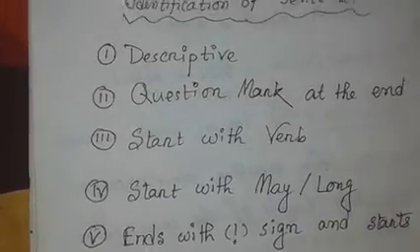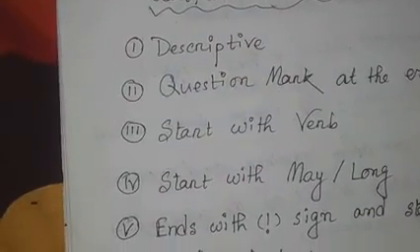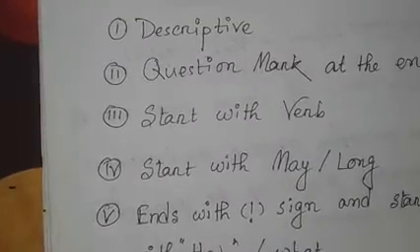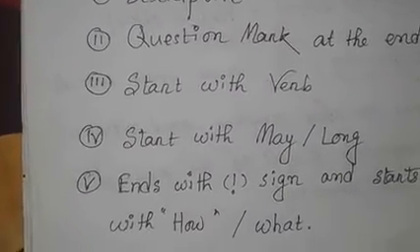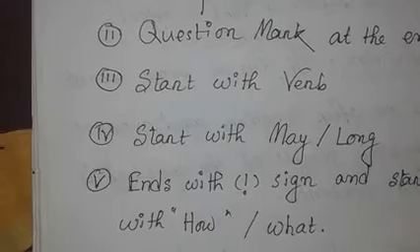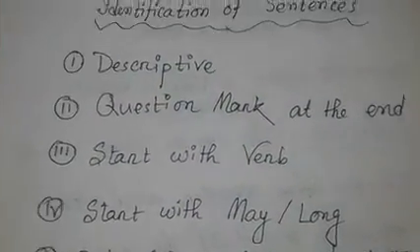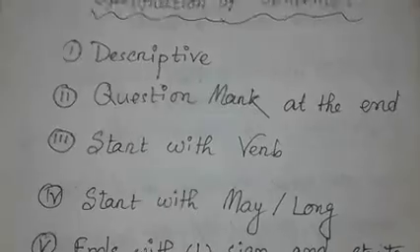So the sentence starts with a WH word and ends with a question mark. The sentence must be an interrogative sentence. I think you got it very well. Number 3, imperative sentence.